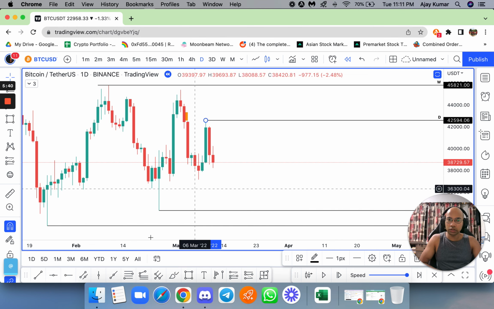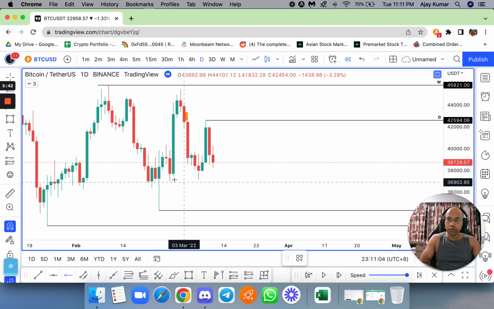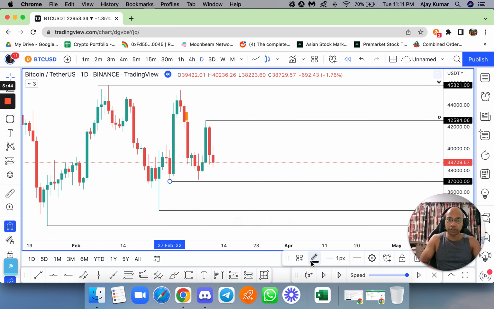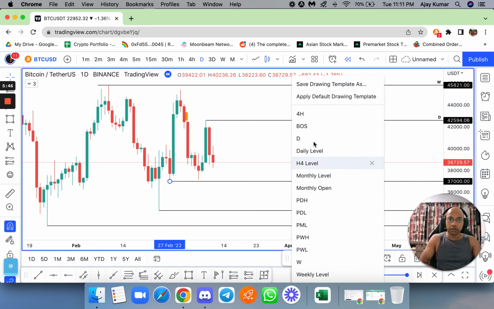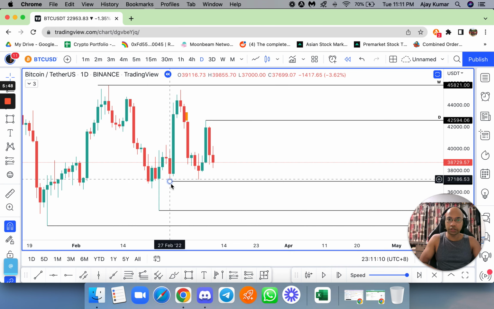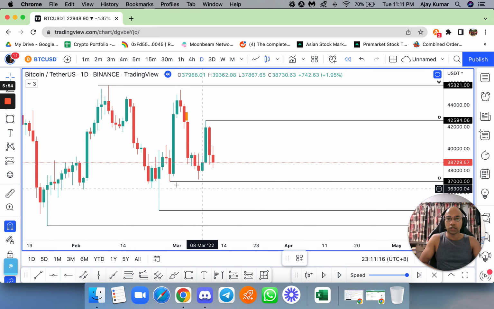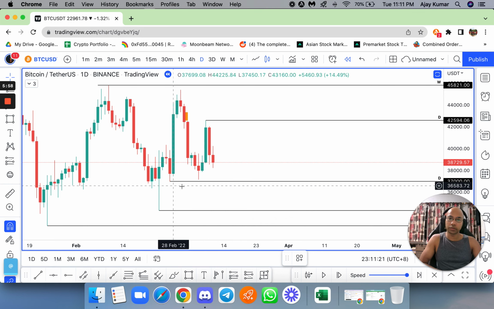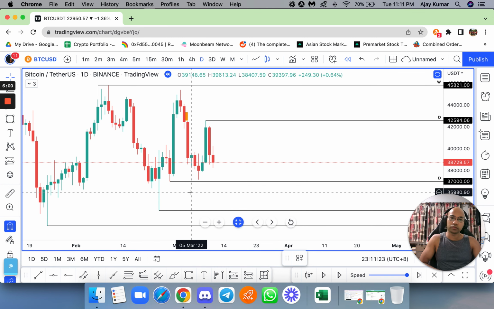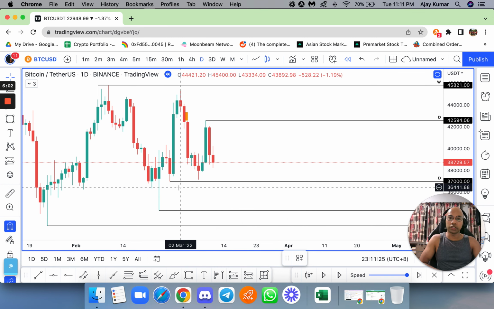Yeah, here. This low and this low, it's very clear to me that there will be sell stops here. So it will be called the buy side liquidity. I'm confused about what the terminology is. Whatever, there is liquidity here.